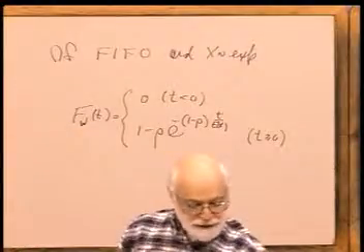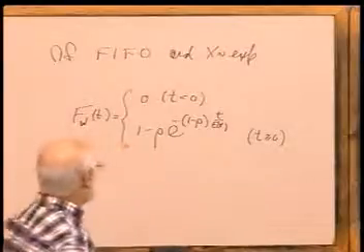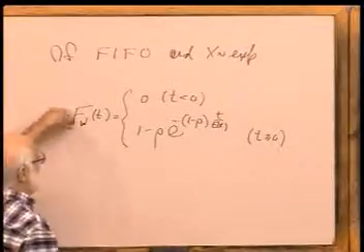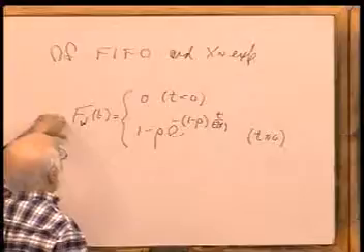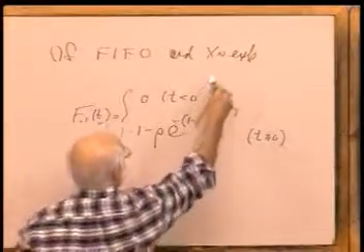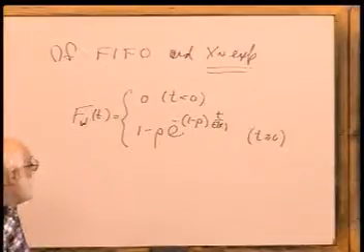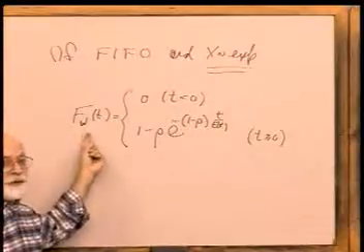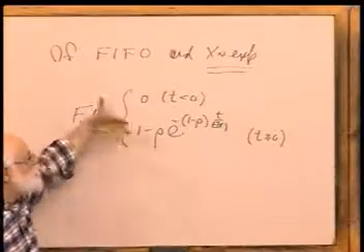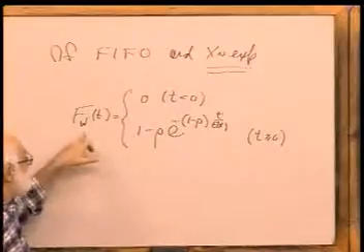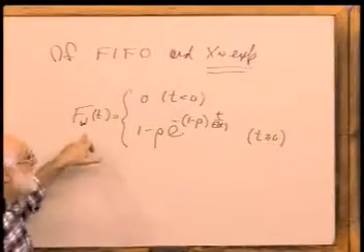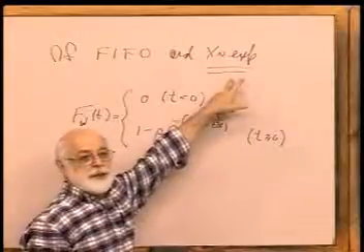Now, the derivation of this is not all that bad, but one interesting fact about it is that this is if I have exponential service times. But suppose I don't have exponential service times. Then the answer is we don't know what this is. There's no simple formula for the waiting time distribution unless the service times are exponentially distributed.